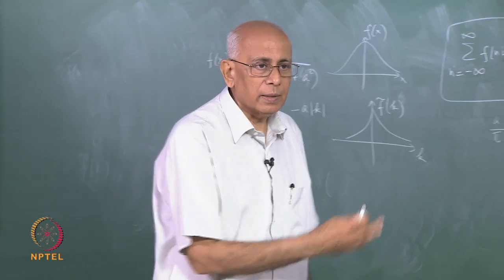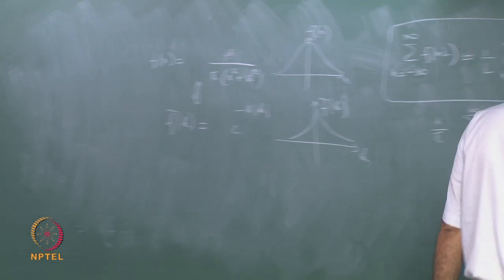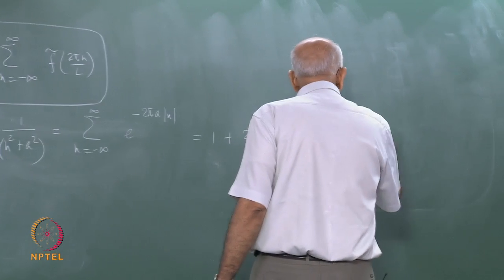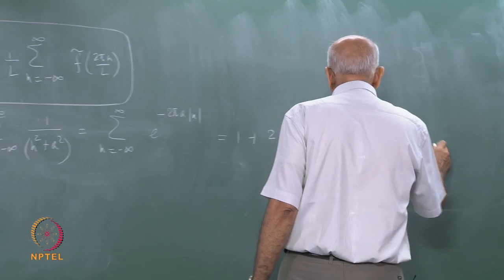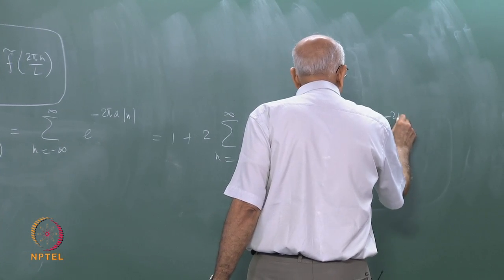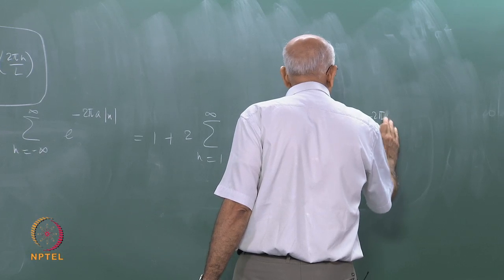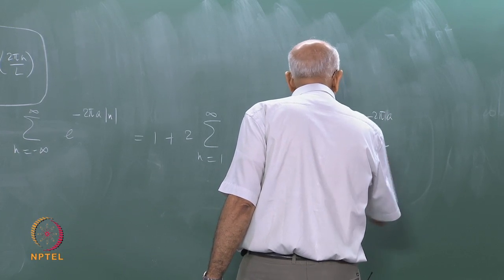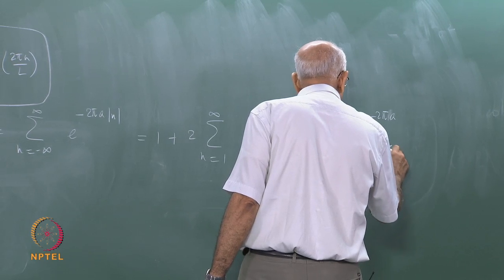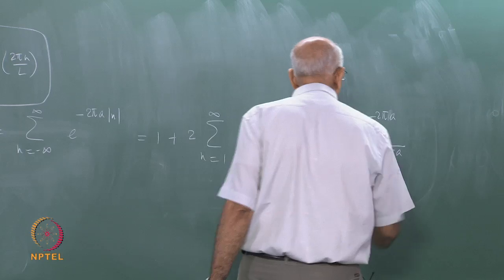That is a geometric series, so it is trivial to sum, and this is equal to 1 plus 2 times e to the minus 2 pi a over 1 minus e to the minus 2 pi a.